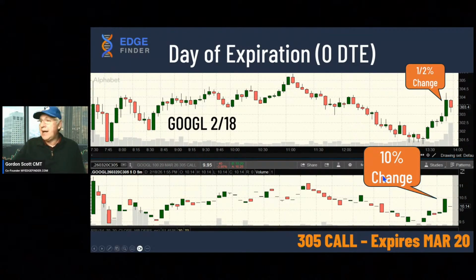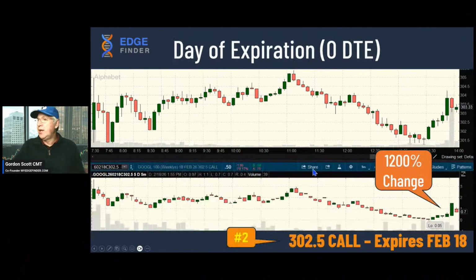Yeah, that's what attracts people to option trading, is the way this leverage creates these big moves. But in zero DTE, if you were to have looked at the 302 and a half call, because that was closer to the price, which expired on that same day, February 18th, right here. These are literally the moments of expiration.